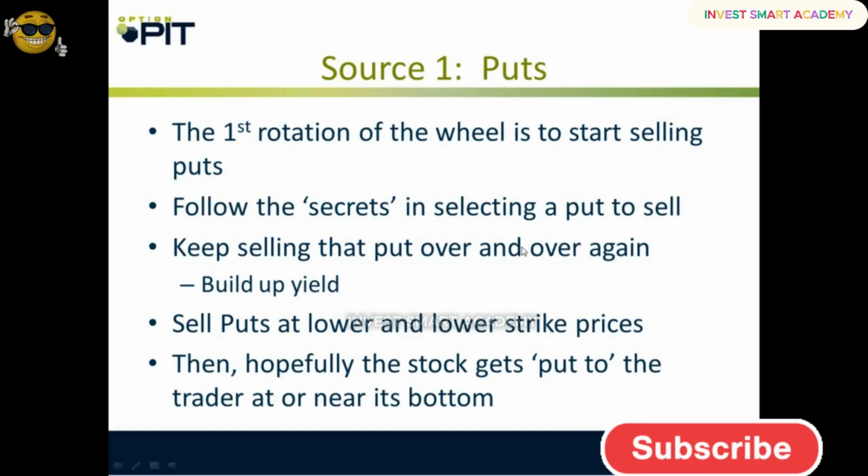If you've seen my secrets to the covered call and puts, then you know what you want. You want to sell puts in low vol stocks. Keep selling puts over and over again. Build up yield. Sell puts at lower and lower strikes as the stock creeps lower. Then take delivery, hopefully near the bottom.